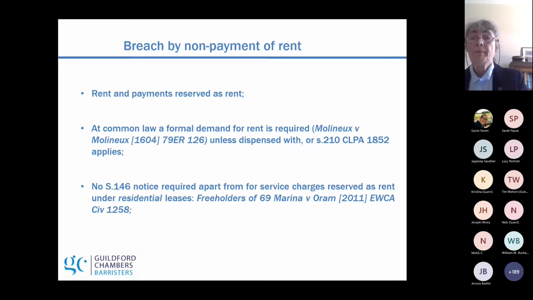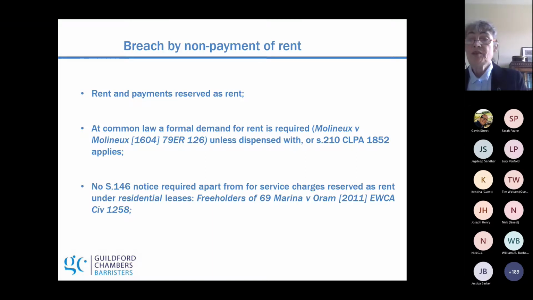As for breach by non-payment of rent, the usual form of forfeiture clause for arrears of rent will provide only for forfeiture once a specified number of days, commonly 14 or 21, has elapsed after the due date for payment. The landlord can only forfeit once this grace period has passed.